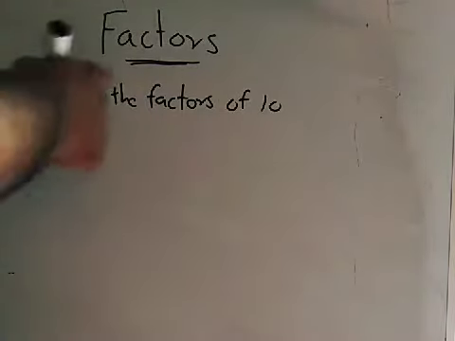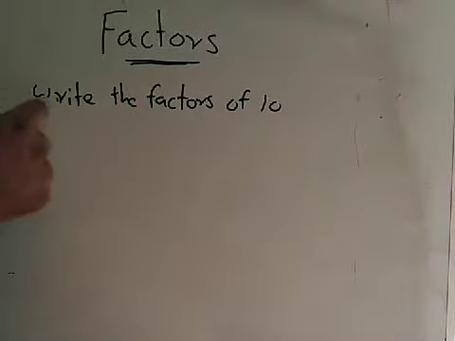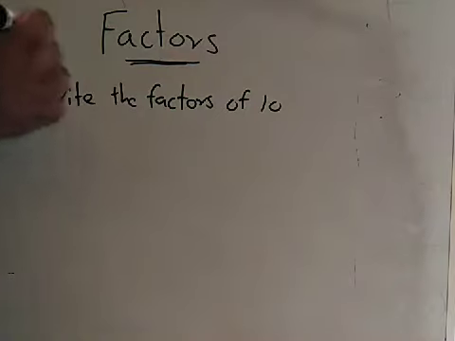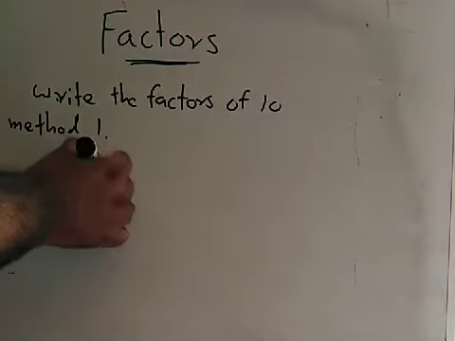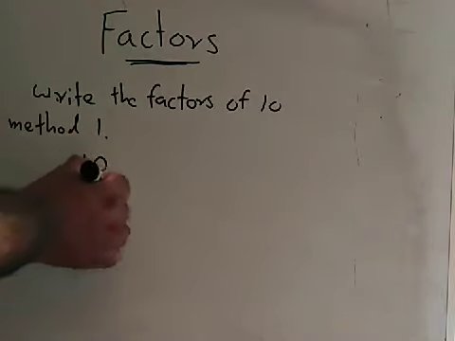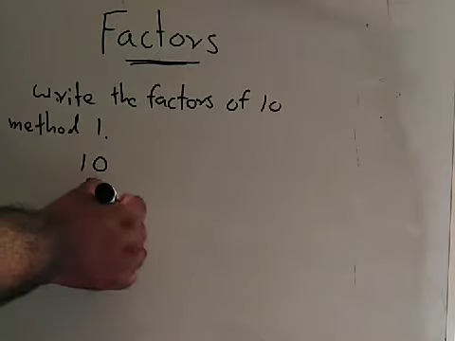Then there are two main methods. The first method is the basic method. Method 1 is how to make 10 by multiplying. To make 10, we multiply 1 by 10.